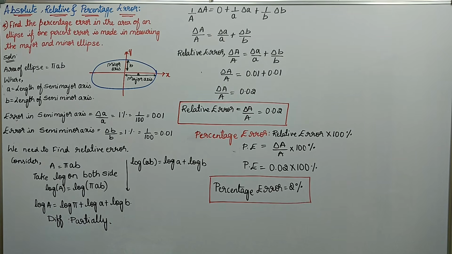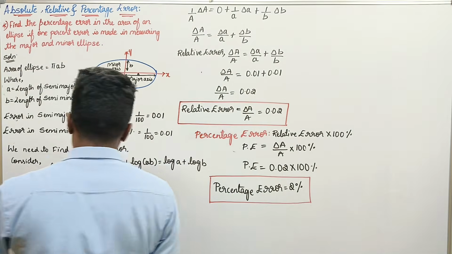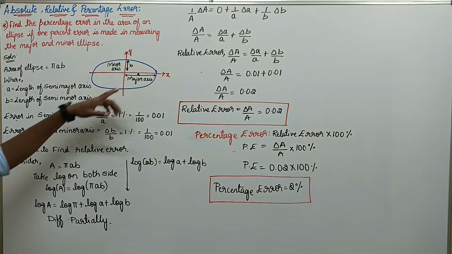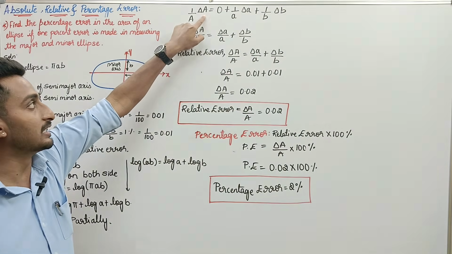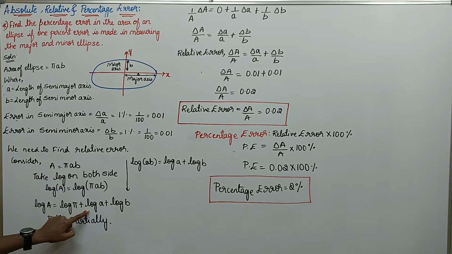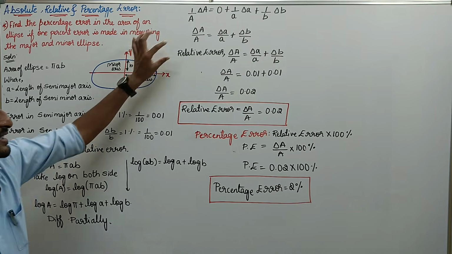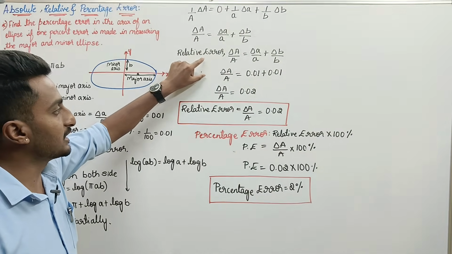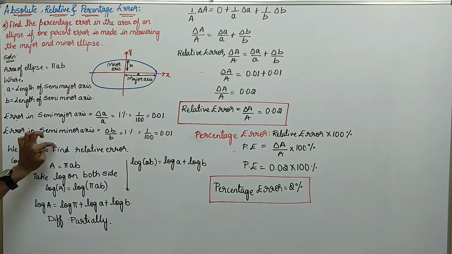Now if you differentiate partially, log a is differentiated as 1 by a del a, and the differentiation of log pi is 0, and the differentiation of log b is 1 by b del b. Consider this condition, represent the relative error, and substitute the terms which we have represented for the semi major axis and semi minor axis.